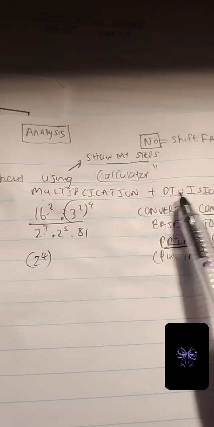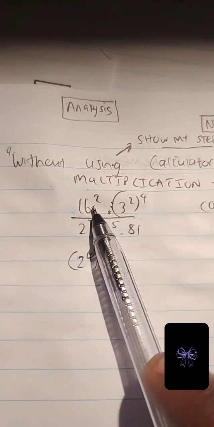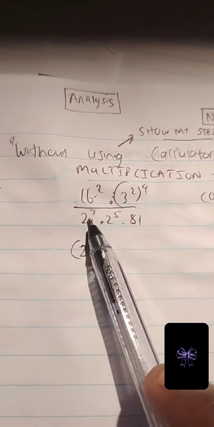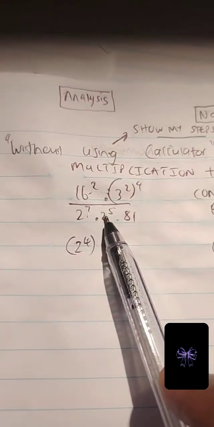So I have an expression in fraction form that I need to simplify, consisting of multiplication and division. The bases that I have currently: 16 is composite, 3 is already prime, 2 is already prime, 2 is already prime, 81 is composite.